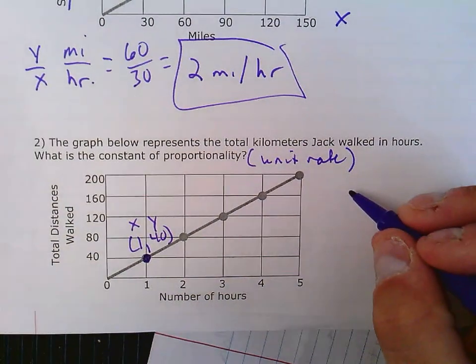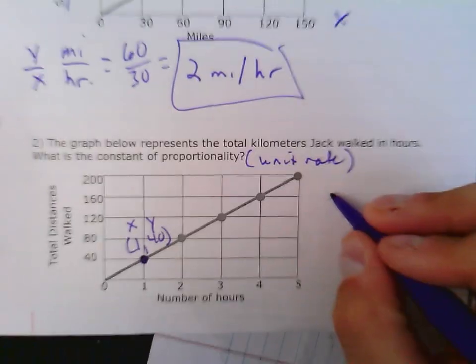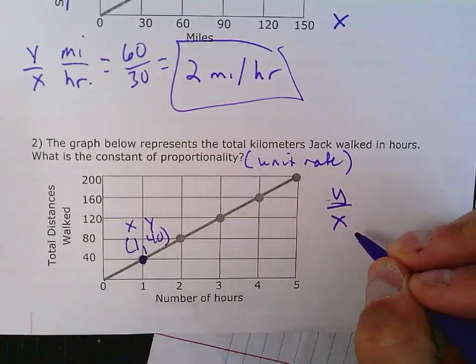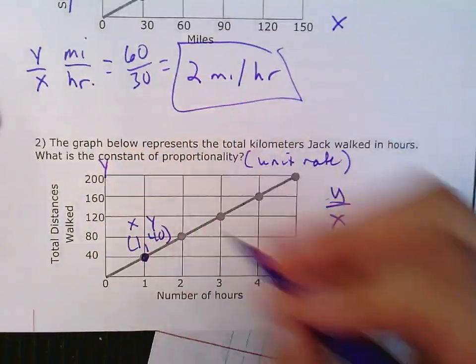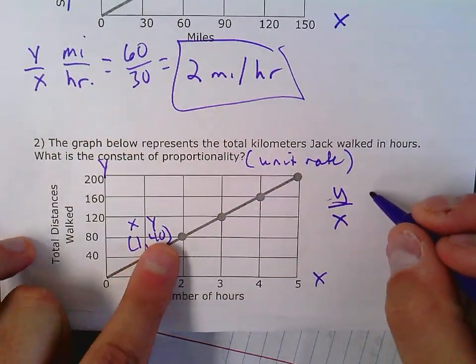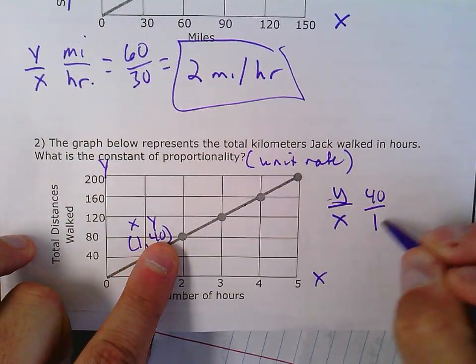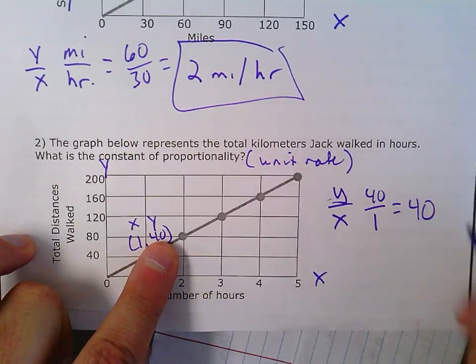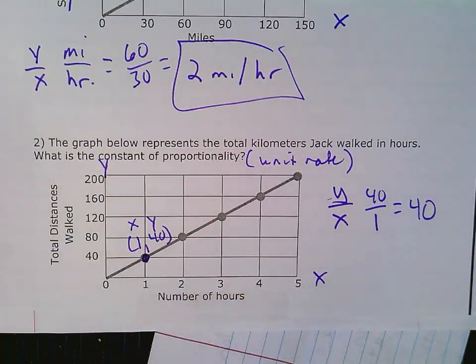To find the unit rate, I take the y coordinate and divide it by the x coordinate: 40 over 1, and 40 divided by 1 equals 40.